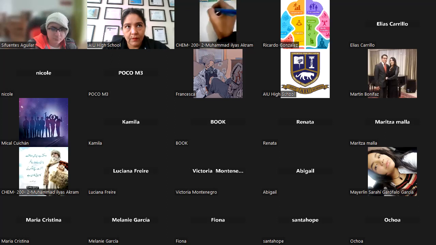Similarly, he represented the color. The wrinkled color was green and the round color was yellow. So we said there are two traits.